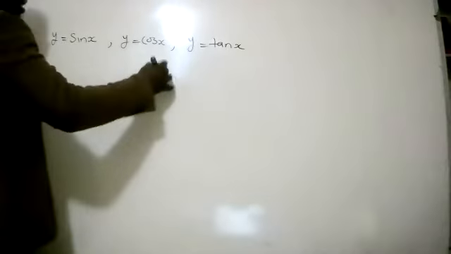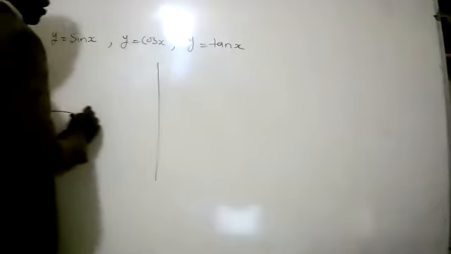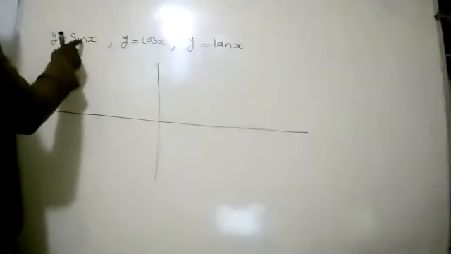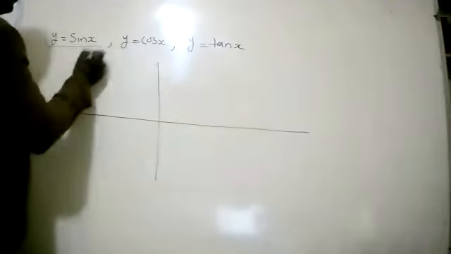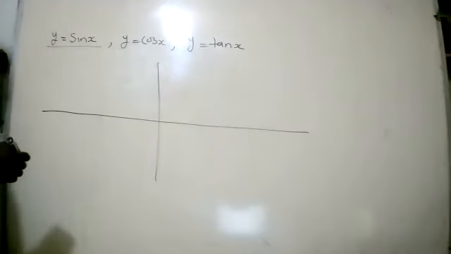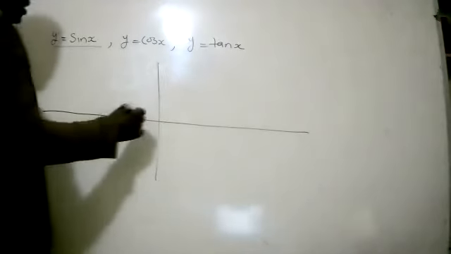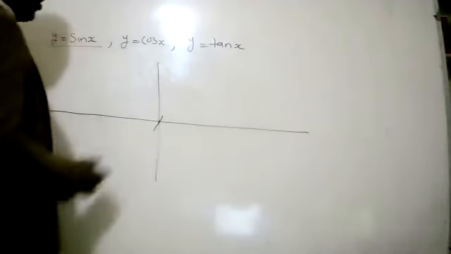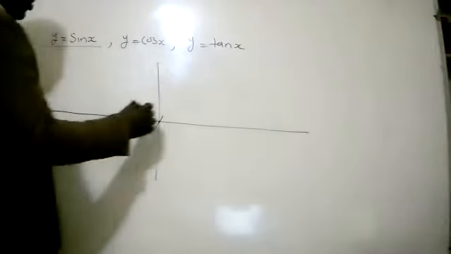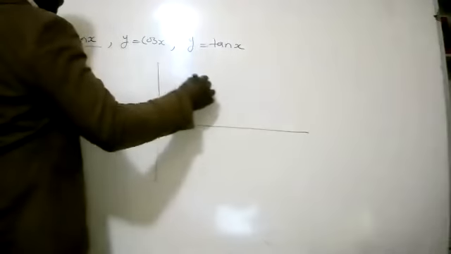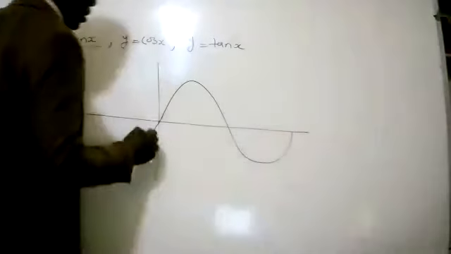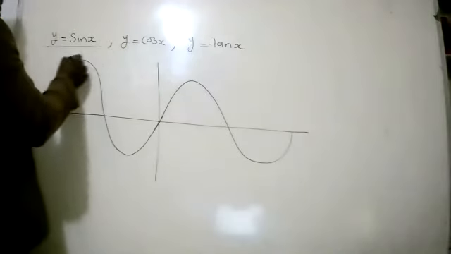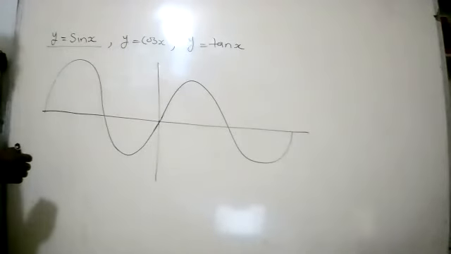So let's plot these three graphs that we are given there. We'll start by plotting the general, or the original, graph of sine. I can tell you without any hesitation that the original sine graph passes through the origin at all times. So we're going to have a graph which is given like this. So this is the sine graph.